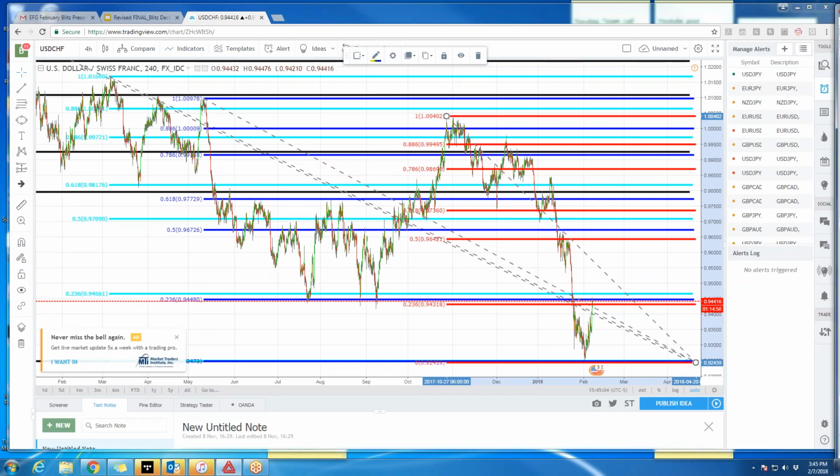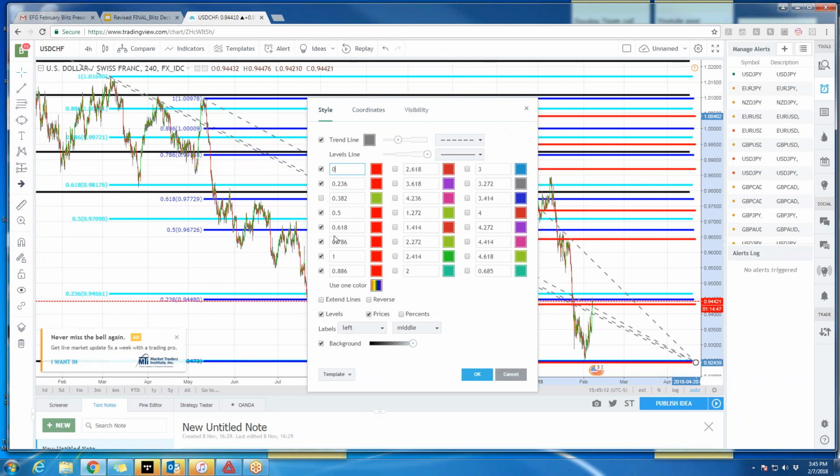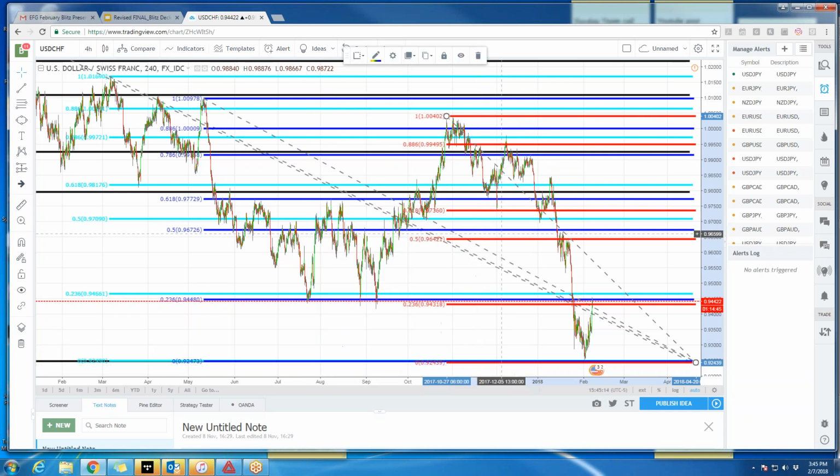So I have to do a mix between MetaTrader and TradingView. But like you can remove this zone 786 right here. I don't really like to remove 61.8 on any.